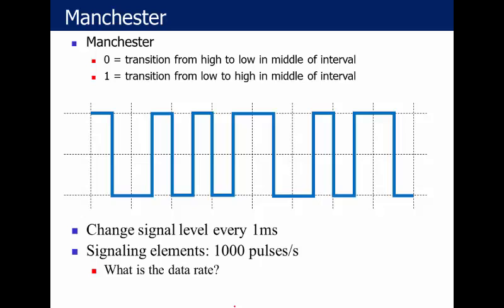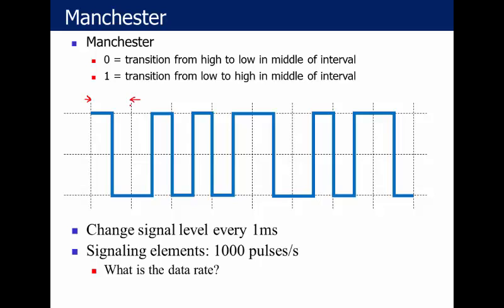If we have a contiguous repetition of the same code using the no return to zero technique, then we do not know how many ones or how many zeros appear. But this Manchester tells you, for example, zero means high to low, right? This is an interval.